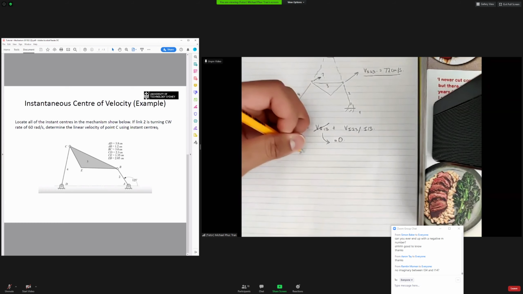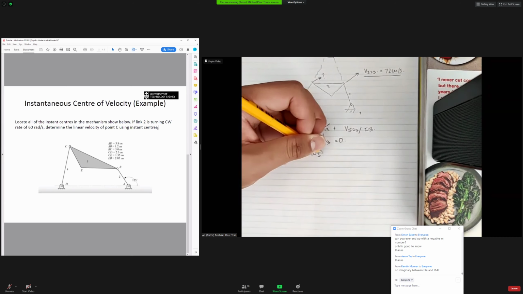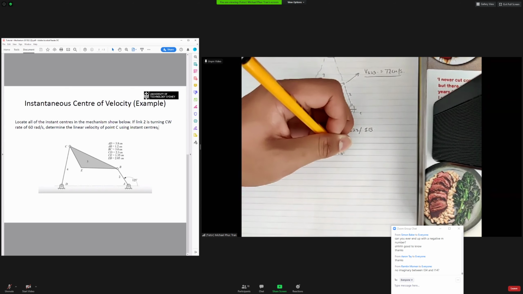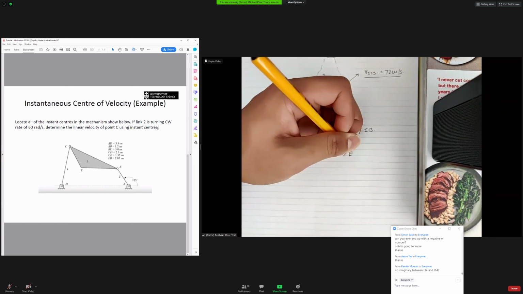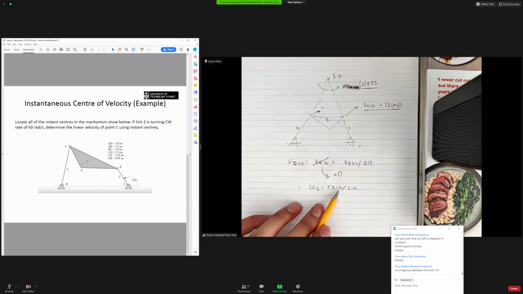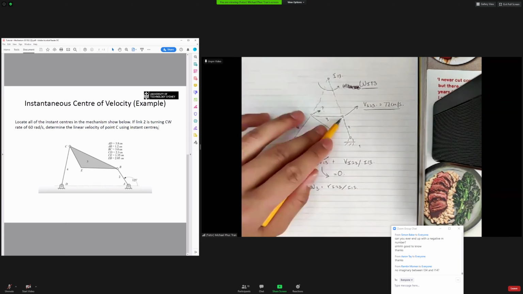So W3 equals VI23 over RI23, I13. So RI23 and I13 would be from there to there. What is the distance between those two?